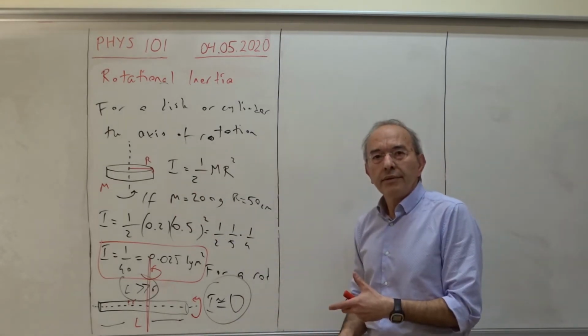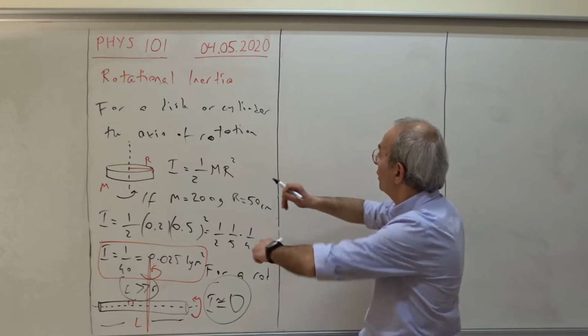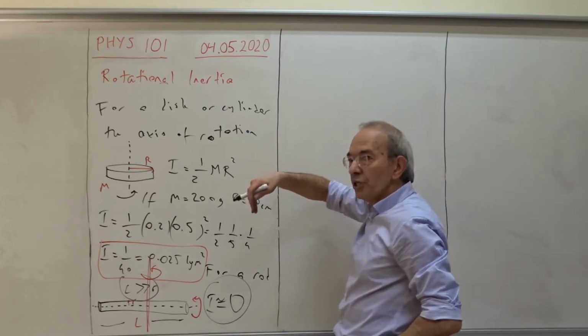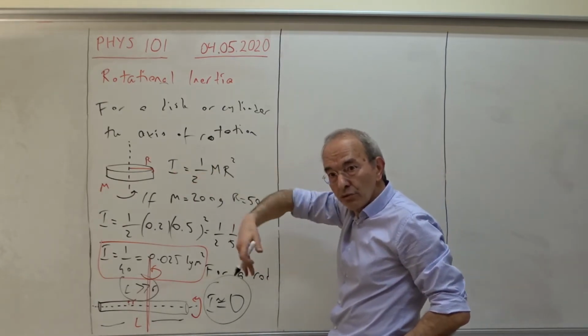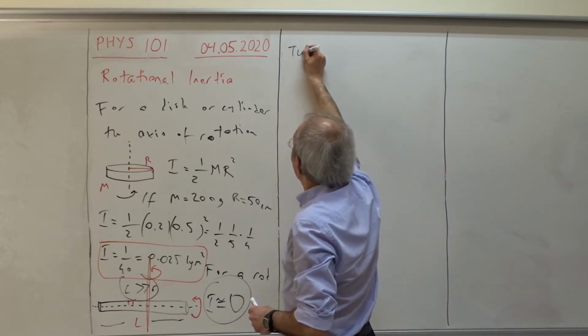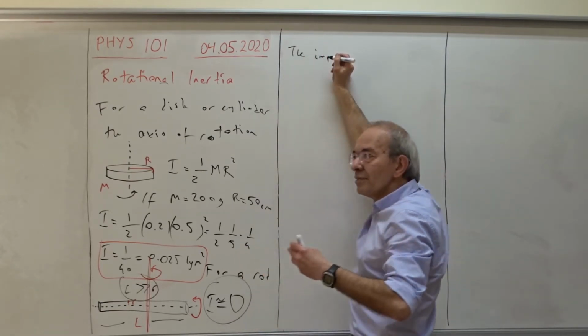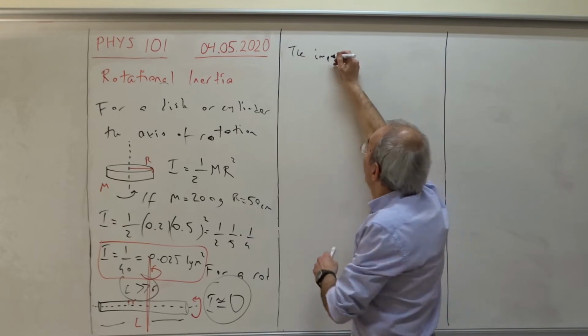Now, what is that value of I? Here, the axis of rotation is perpendicular to the object. The important axis, important means non-zero inertia.